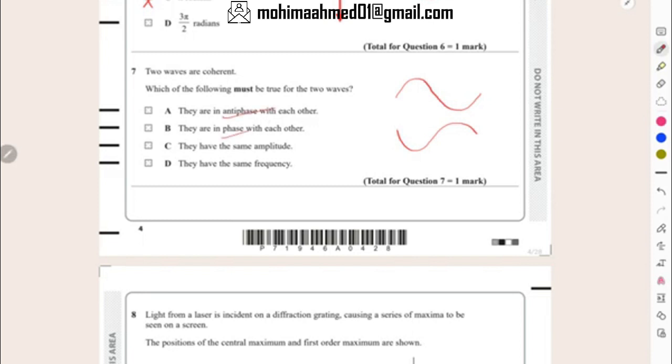They might or might not have the same amplitude, but for two waves to always be coherent, their frequency should always be the same, right? All the other quantities might vary, but frequency should never vary. For two waves to be coherent with each other, their frequencies must be the same. So in that case, option D is the correct answer.